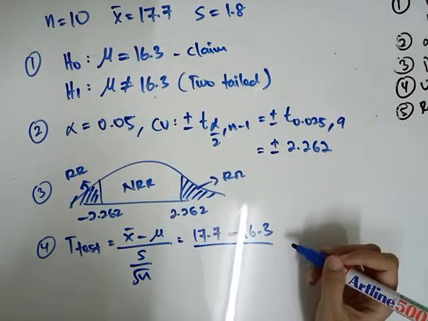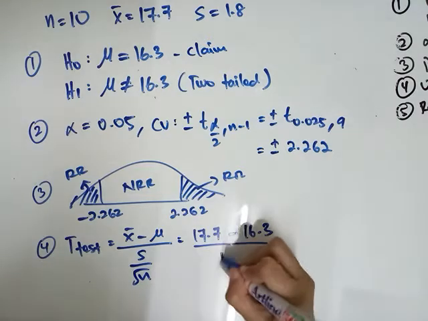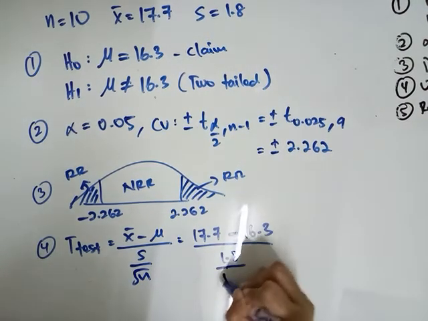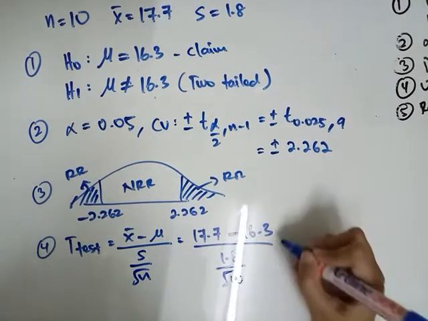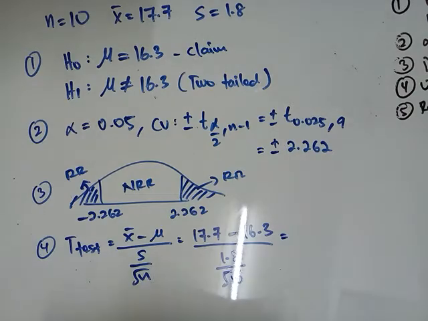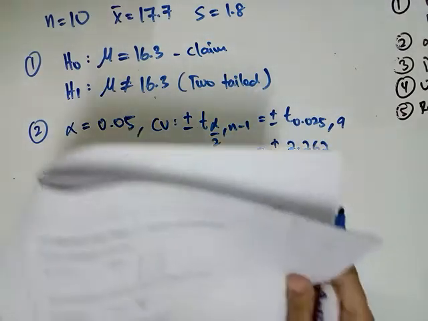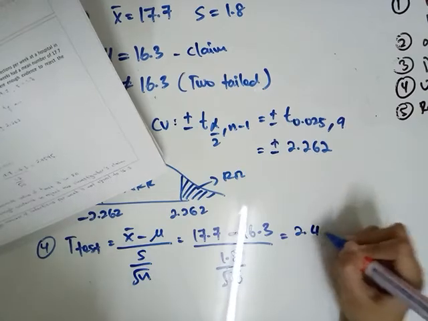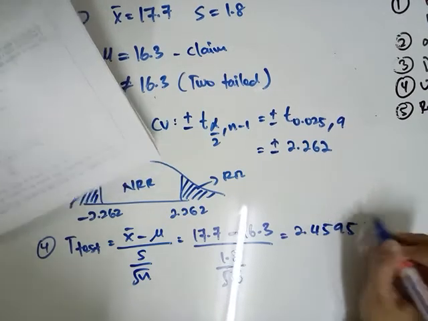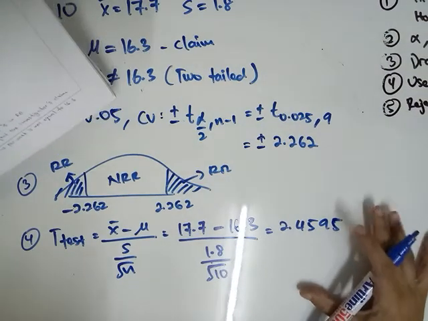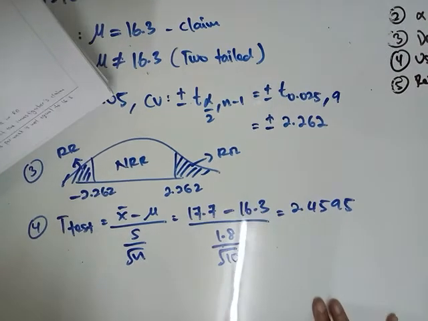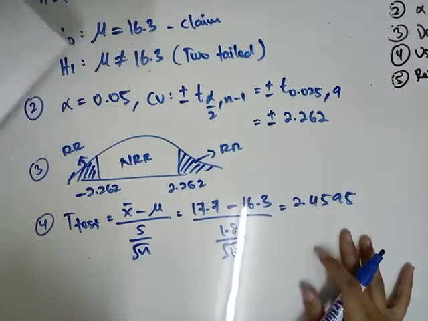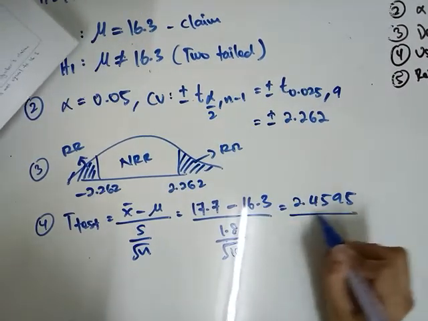Divide sample standard deviation is 1.8 over square root sample size, which is 10. And then calculate. Okay, calculate, you will get 2.4595. Okay, try calculate, dapat tak jawapan ni? 2.4595.